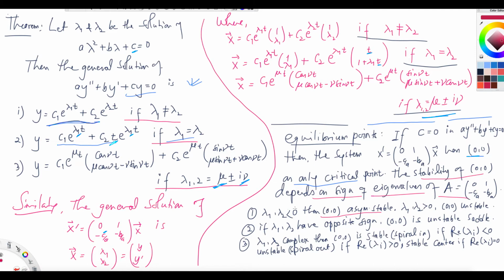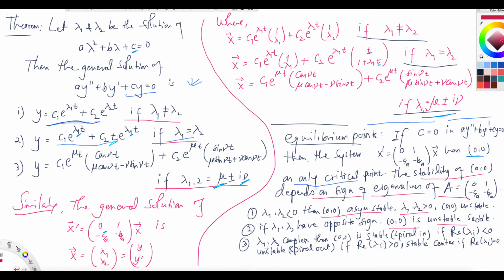If the real λ values are positive, then (0, 0) is unstable. If λ1 and λ2 have opposite signs, one positive and one negative, then (0, 0) is called a saddle point, and a saddle point is considered unstable.